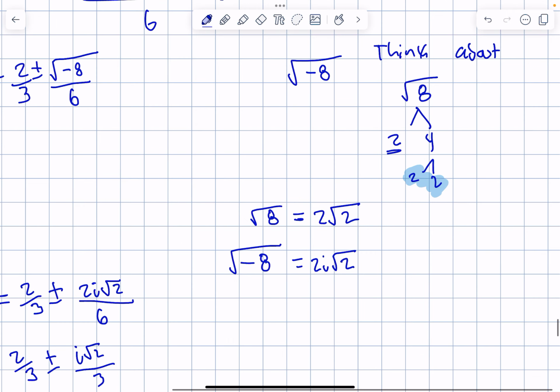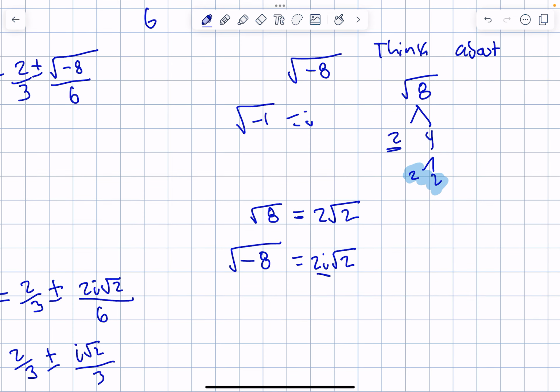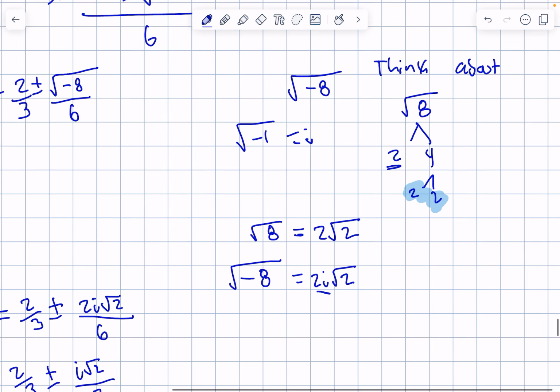So I know this was a little bit rushed, I would say. Let me think about this. So where did this i come from? So we know that the square root of negative 1 is i. So you can think about, yes, that's where it comes from.